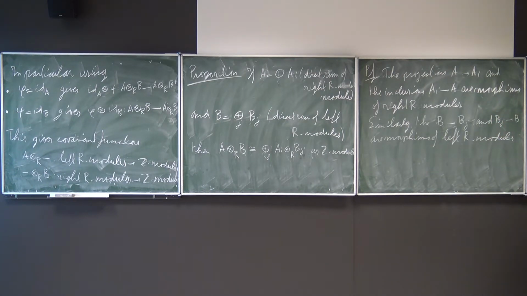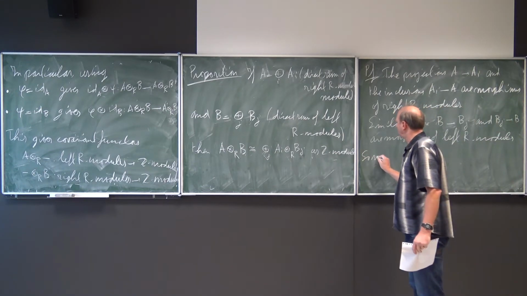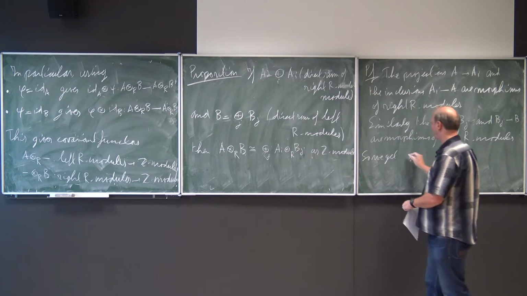So I'm in the situation of the previous properties that have morphisms on the A and the B, and we can apply this. So we get out of this group homomorphisms.